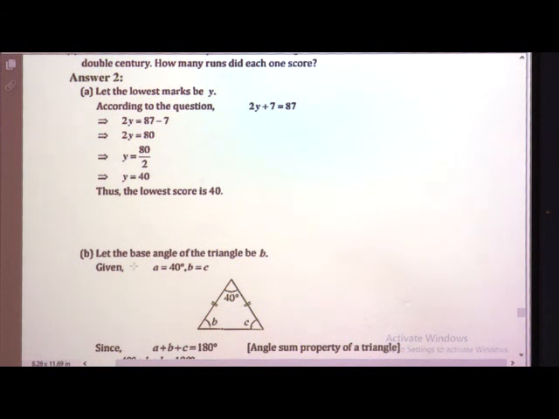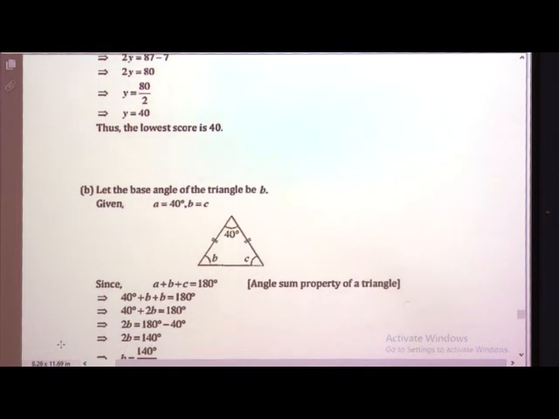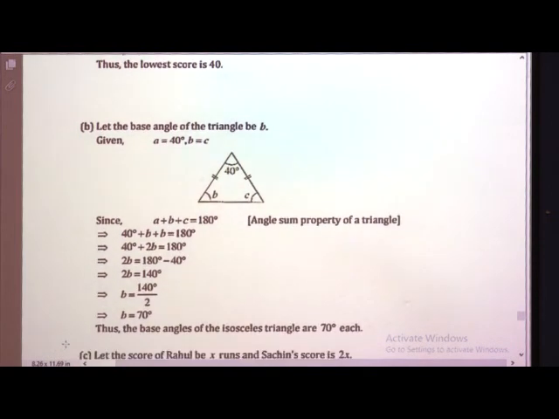In this way we have found the answer. One more example we are having, as we will see here. Let the base angle of a triangle be B. First we have to draw a rough figure. Angle A is given to us as 40 degrees, and B is equal to C, since the base angles are the same.